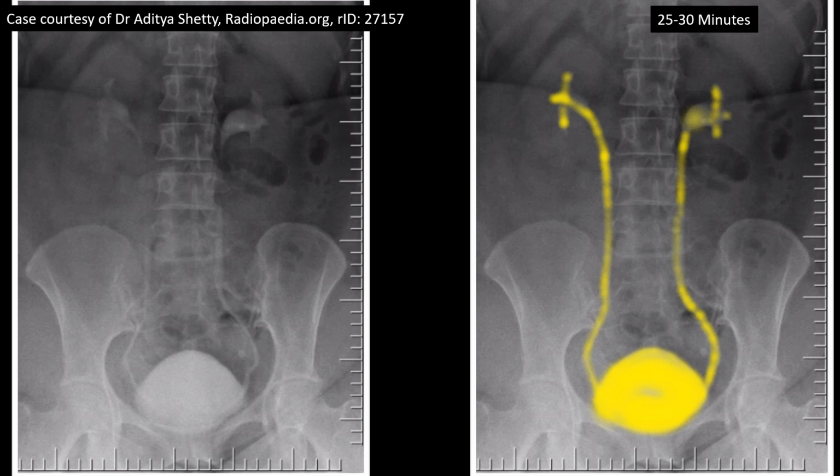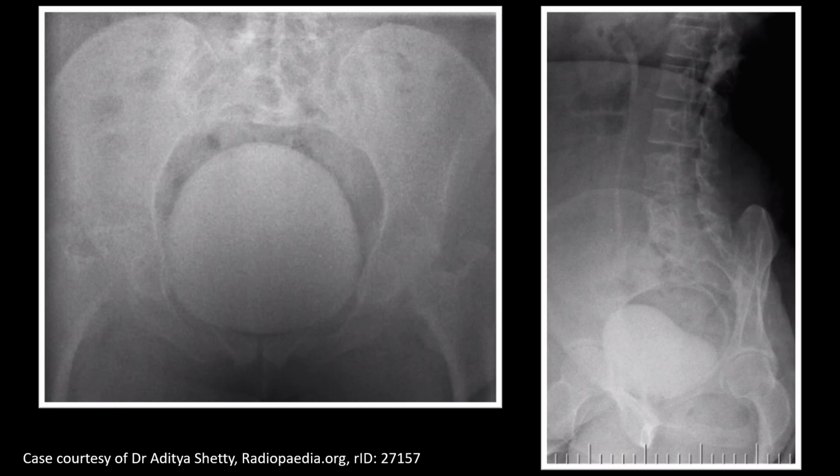At 25 to 30 minutes, we can see the complete urinary system from calyces to the urinary bladder. This is the image of the pelvic region showing the urinary bladder.